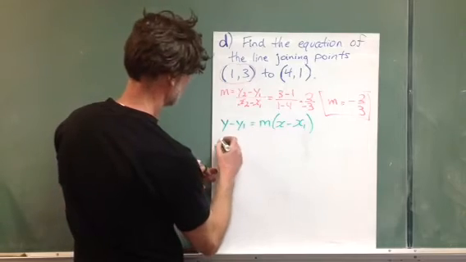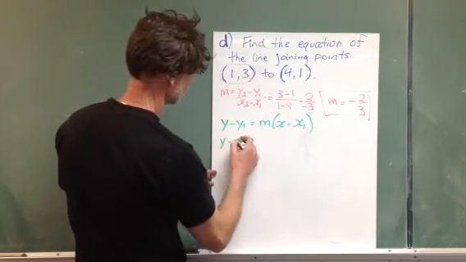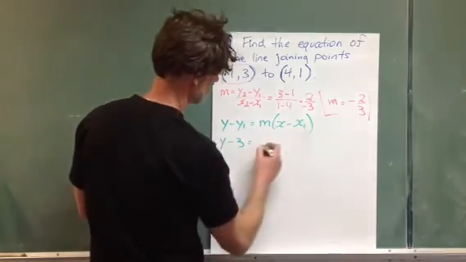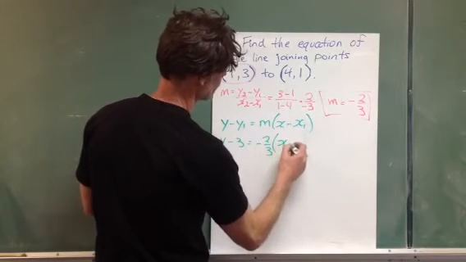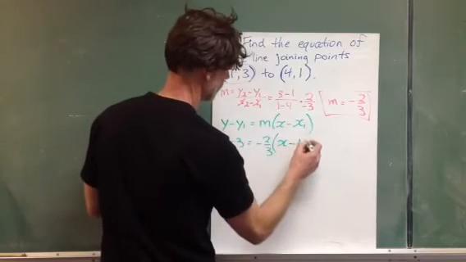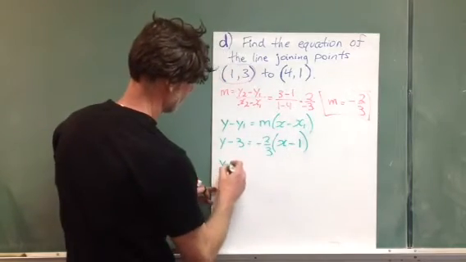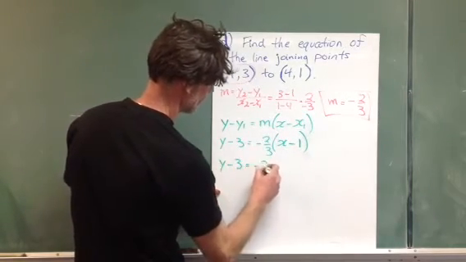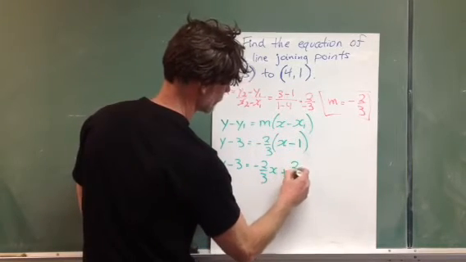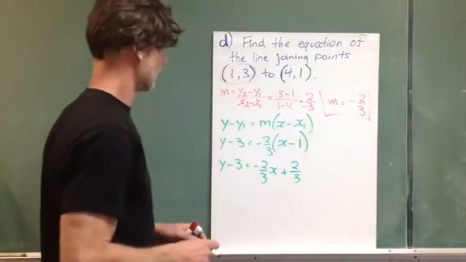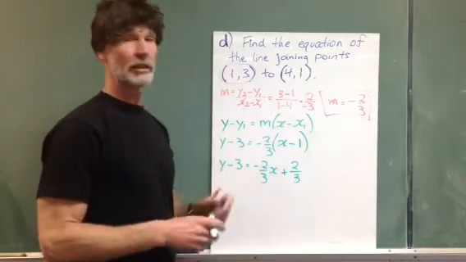And now I have y minus 3 equals, the slope is negative 2/3, times x minus that one, 1. So y minus 3 equals negative 2/3 x. That times that is plus 2/3. There. Now I can switch it to either form.